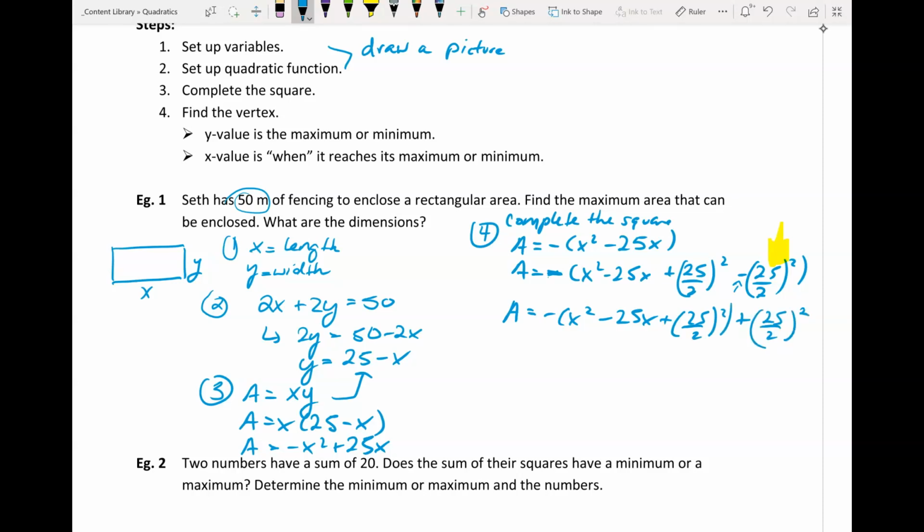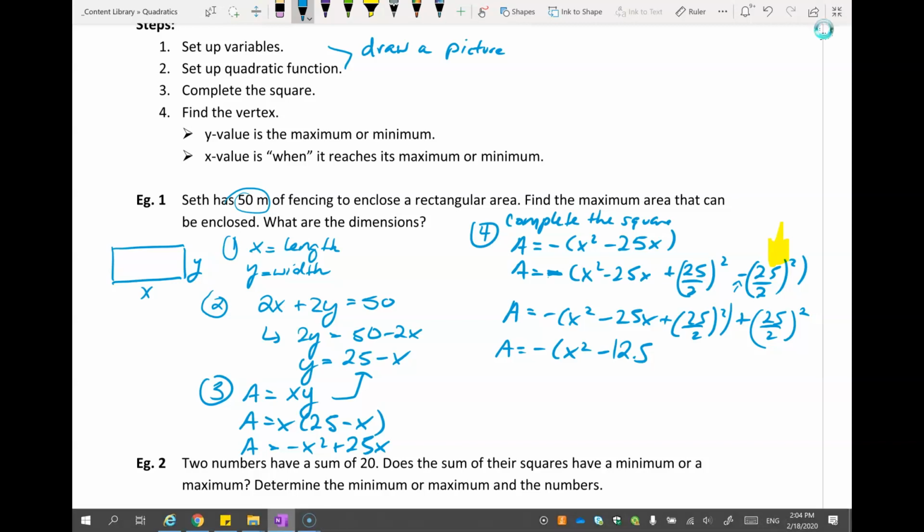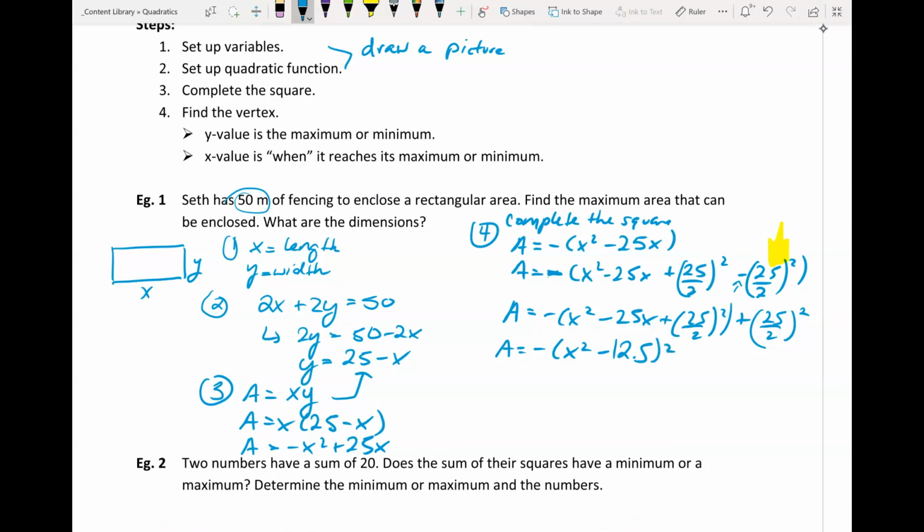Now I'm going to combine our large bracket here into its factored form, which is minus x minus 12.5 squared. And then I can simplify this 25 over 2 squared.